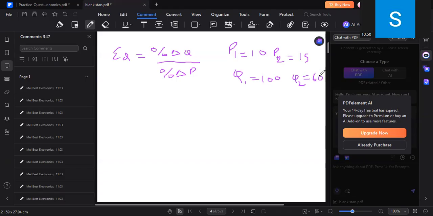Okay, so percentage change means Q2 minus Q1 over Q1 times 100. That's the percent change in quantity. And the percentage change in price will be P2 minus P1 over P1. That's the percentage. So what is our Q2?